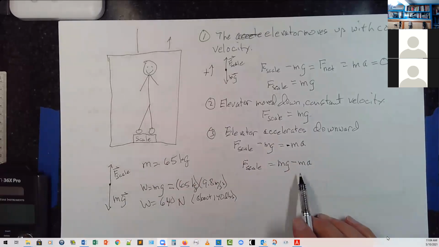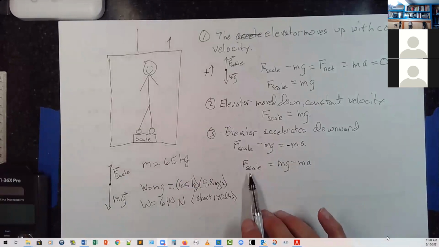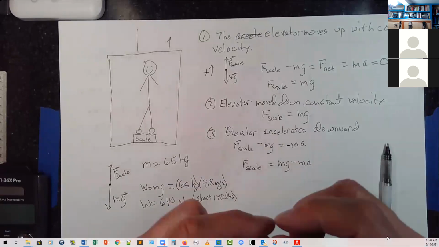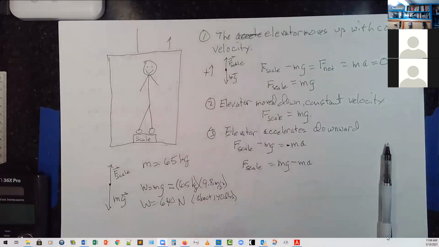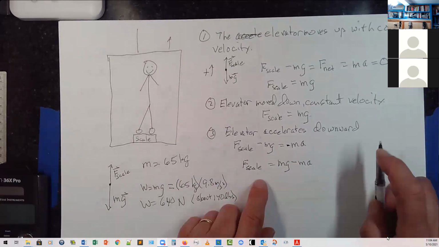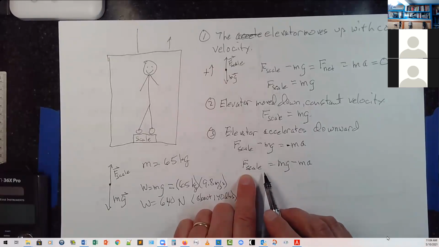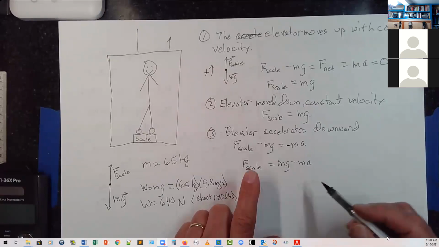Depending on how rapidly it accelerates downward, you're going to feel lighter during that time. If you've ever taken a fast elevator, if you ever go over to Seattle and go up in the Space Needle or one of the taller skyscrapers, when an elevator first starts downward, you get a little bit of a butterfly sensation, like your stomach is coming up. That's because you're experiencing a lower weight for a very short time.